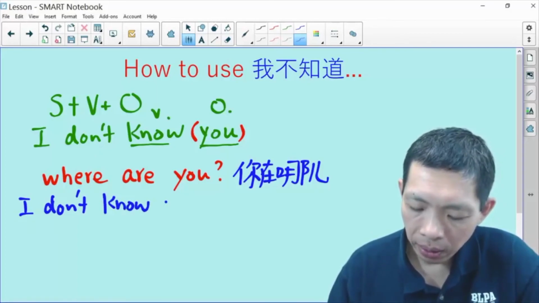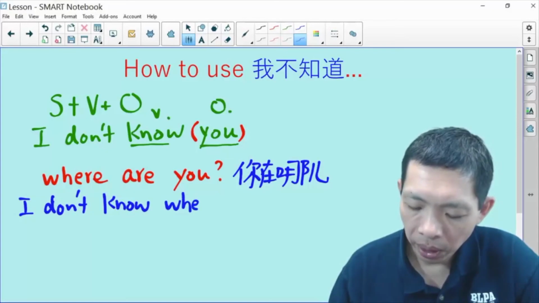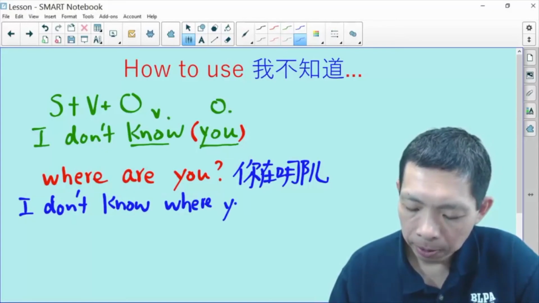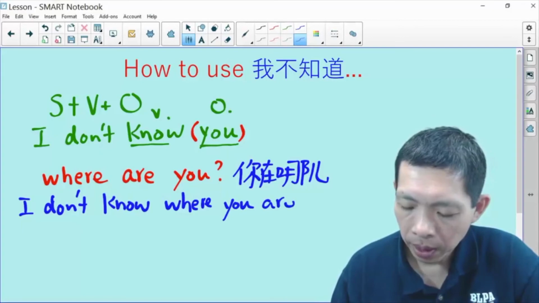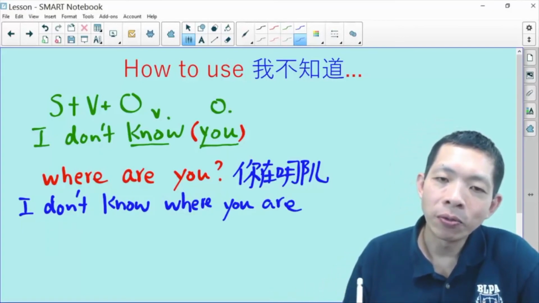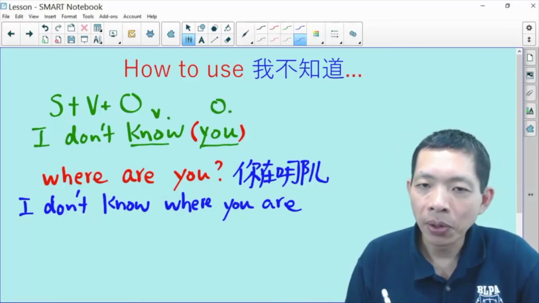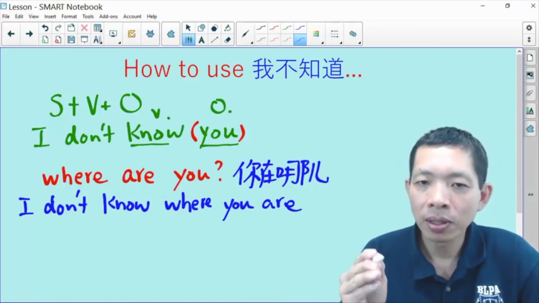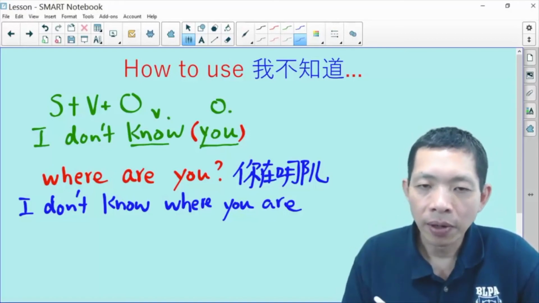However, in Chinese you don't flip the subject and the verb, because the subject always goes at the very beginning of the sentence.